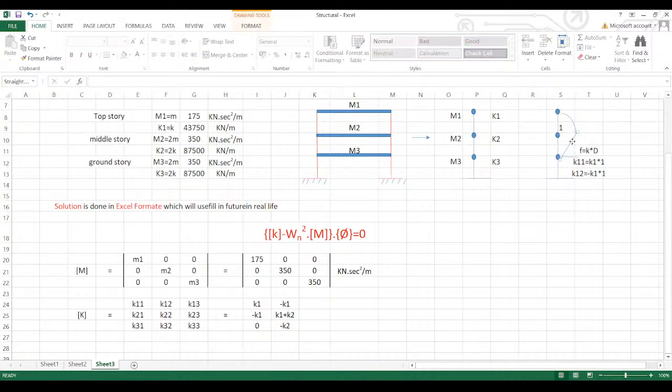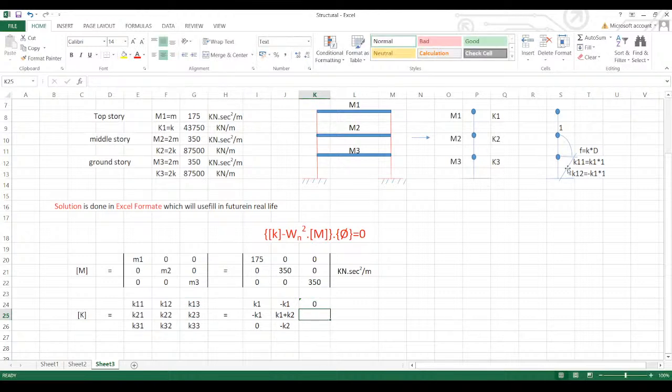These effects act here. Then what happens at position 3? What was the effect of K1 at position 1, K13, that is at position 1 the effect of K3 is 0.